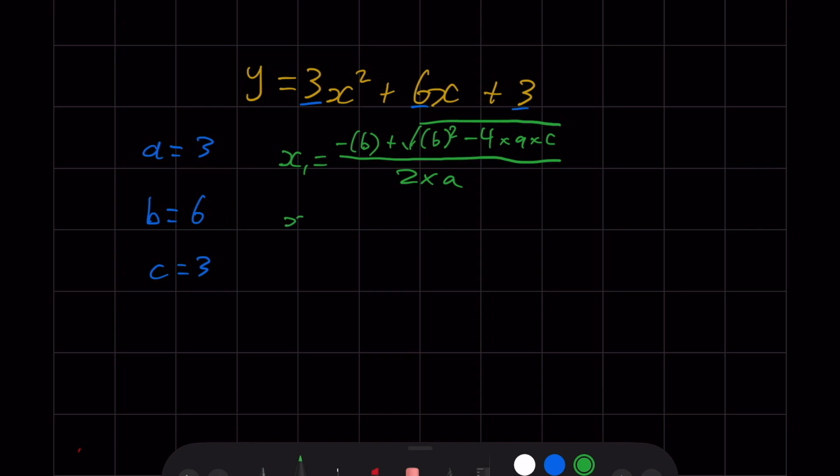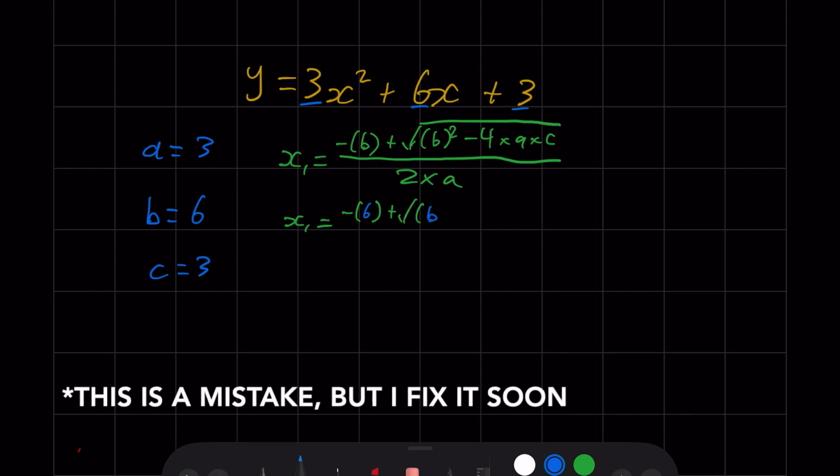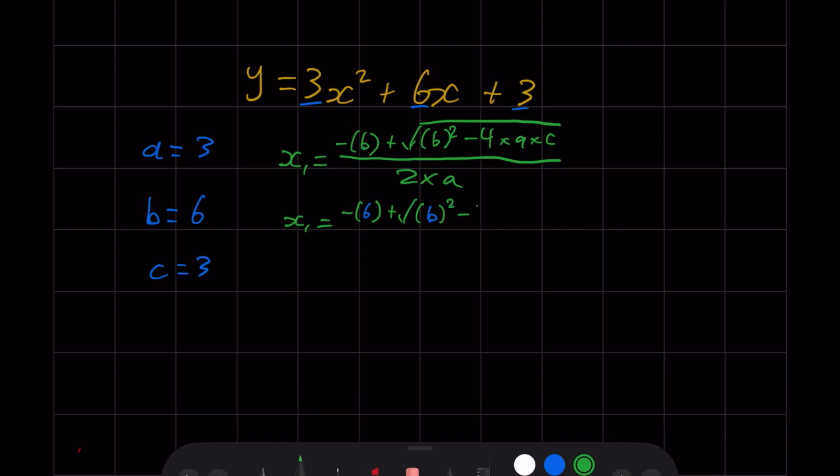So that means that x1 equals, and now I'm going to put my values in, negative b, which equals negative 6, plus the square root of b squared minus 4 times a, which is 3, times c, which is 3. All of that is under a square root. Then it's divided by 2 times a, which is 3.